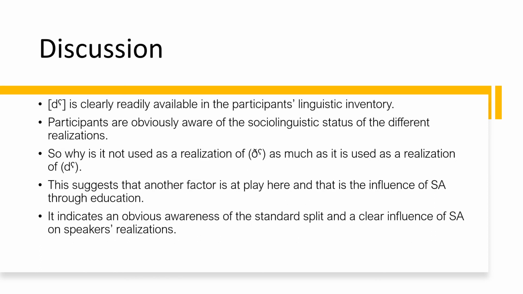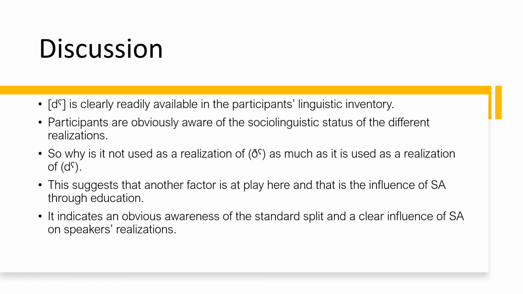Da is obviously readily available in their linguistic inventory, even though it's not part of the traditional dialect. And again, they are obviously aware of the sociolinguistic status of these different realizations. So if we assume that it's only dialect contact, that it's only the prestige of vernacular Arabic that's influencing their choices, why isn't it used more as a realization of the, like it is as a realization of da, right?